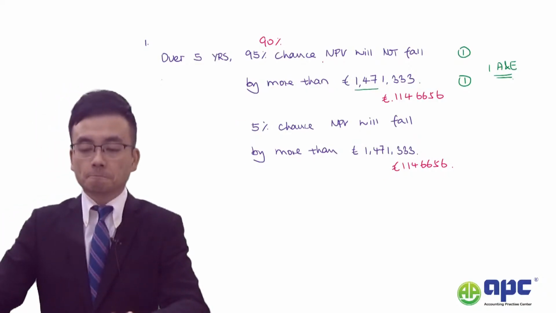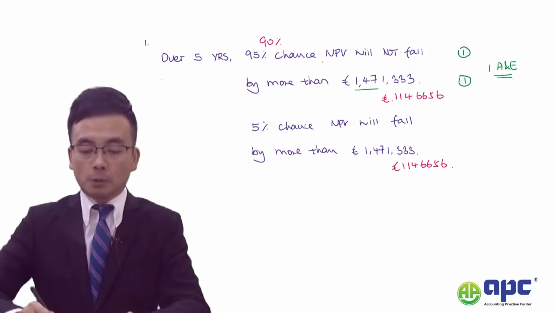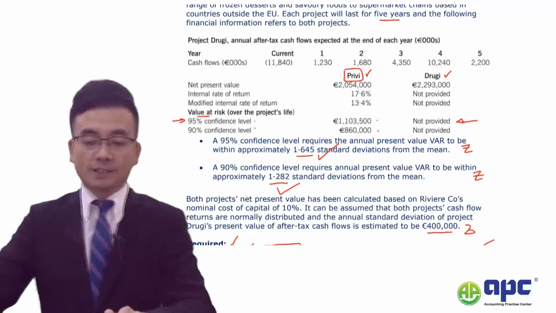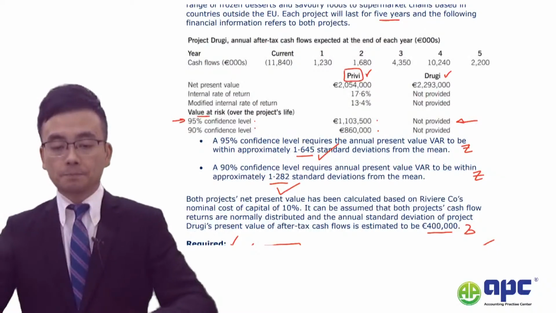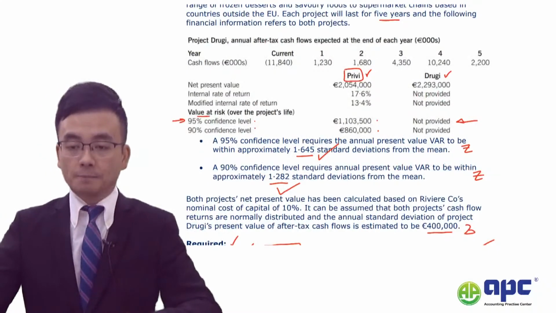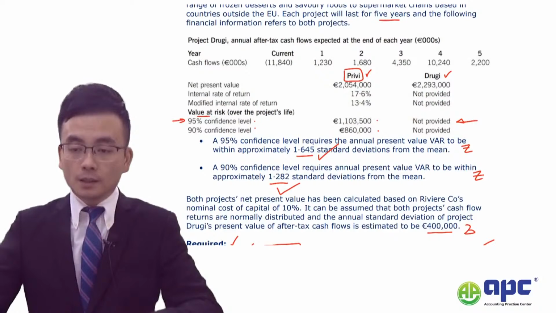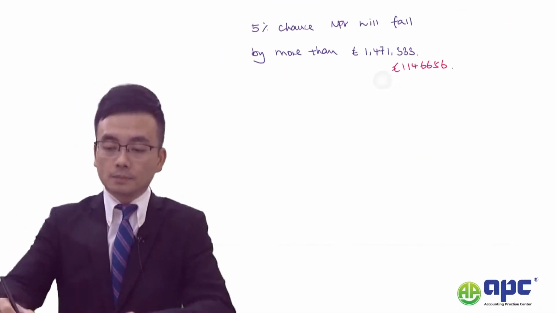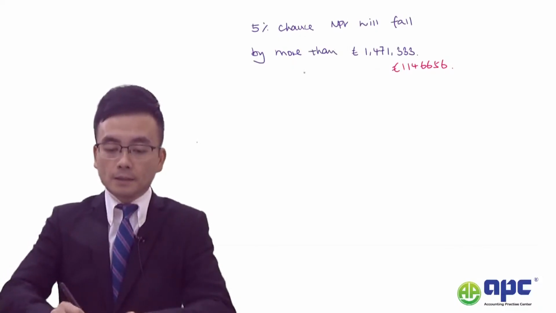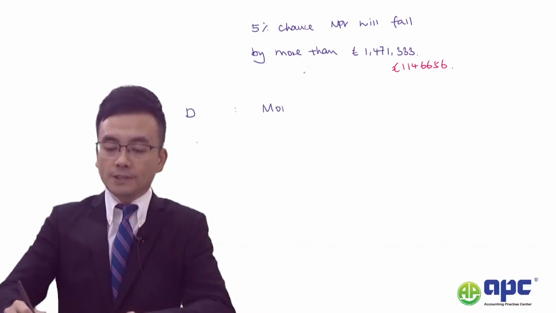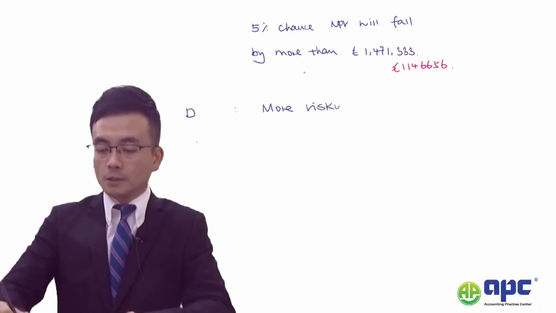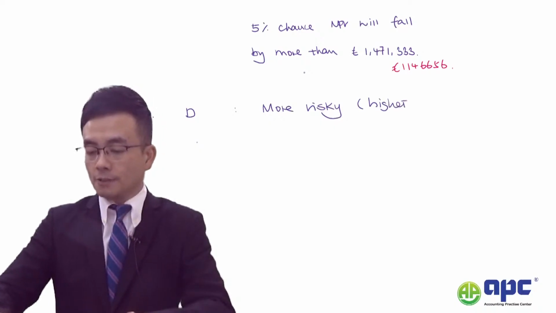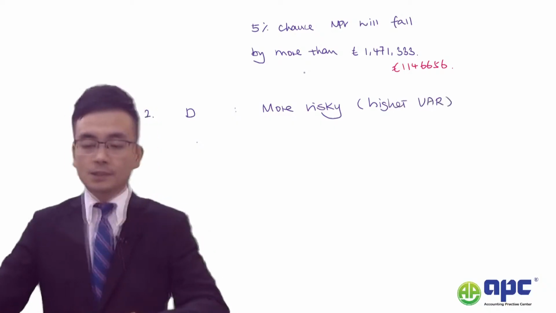So it seems to me that project D is a bit more risky. I will say that project D is more risky, because the higher the value that may be lost, the higher the value at risk.